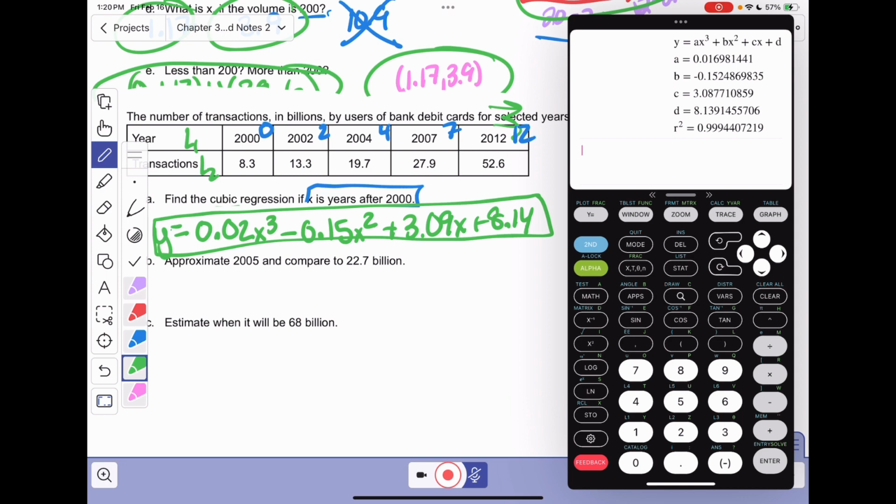Now it says approximate 2005 and compare it to 22.7 billion. So plug in 5, because 2005 is 5 years after 2000. We would just put 5 in for x and figure out what we get.